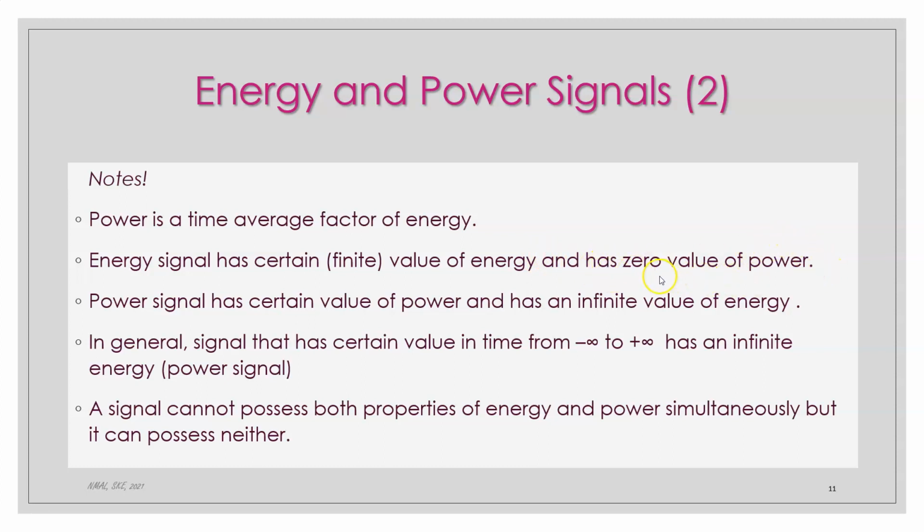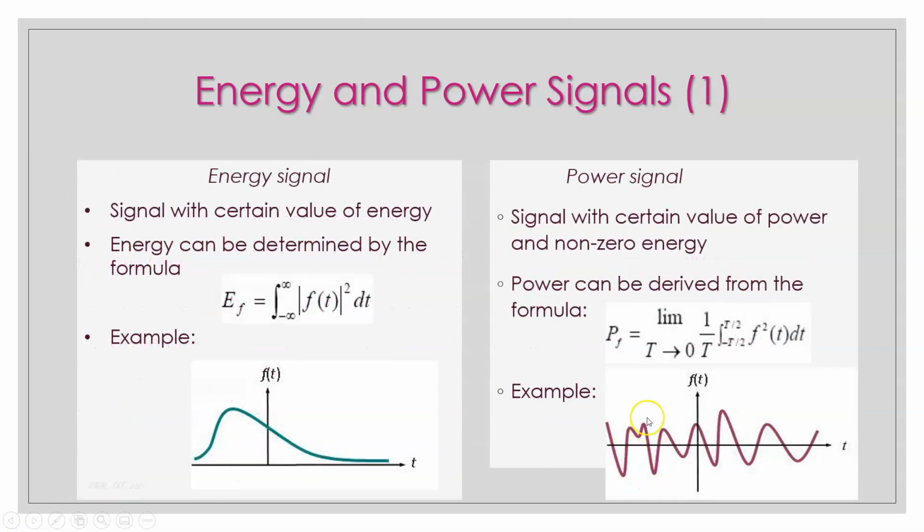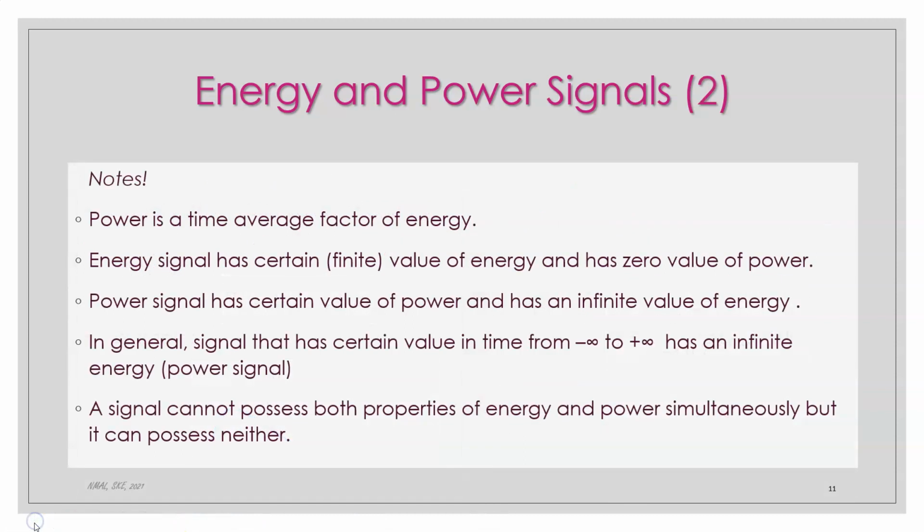It means it has zero power, but power signal has a certain value of power. It means it has values in terms of power and has infinite value of energy. As you can see from the previous graph here, it has unlimited or infinite value of energy.